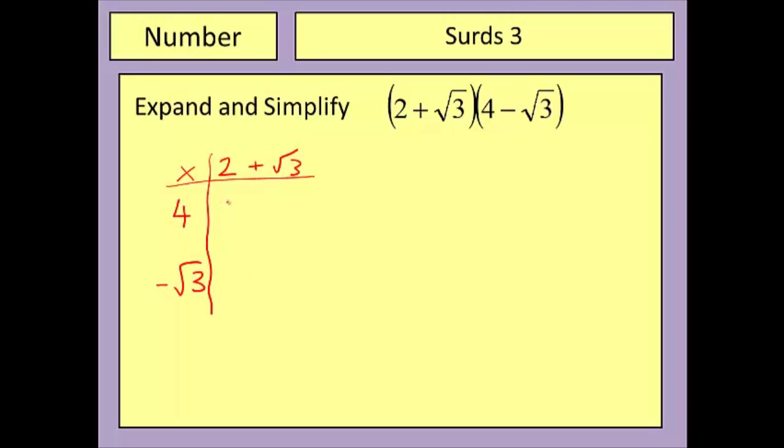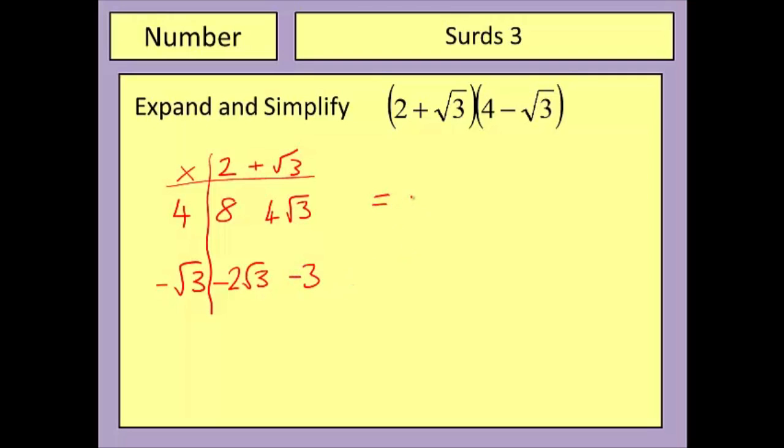Let's multiply this out. 4 times 2 is 8, and 4 times root 3 is just 4 lots of root 3. 2 times negative root 3 is negative 2 lots of root 3. And root 3 times negative root 3 is negative 3.